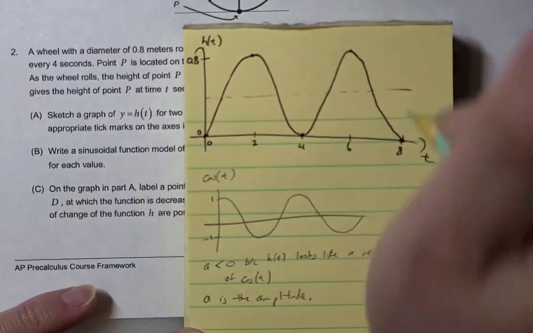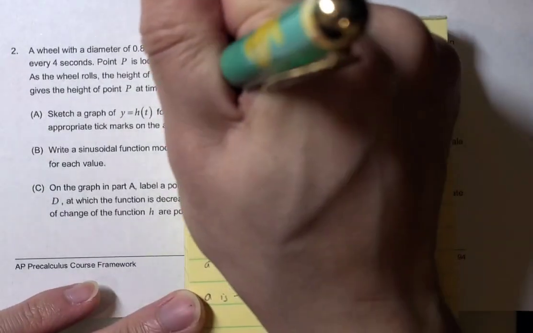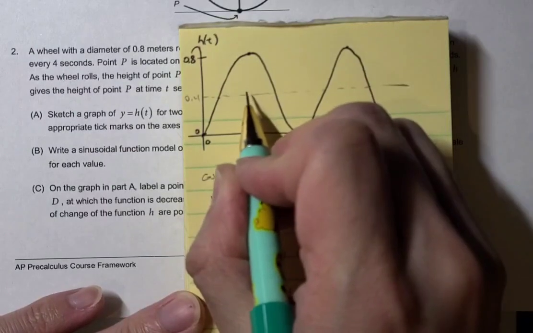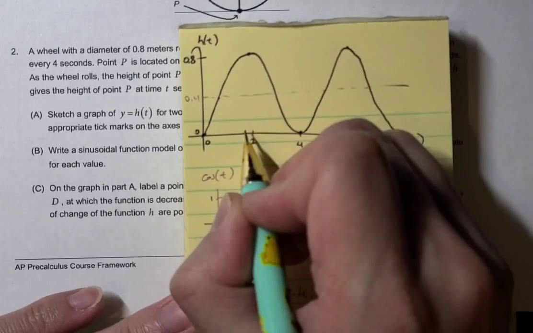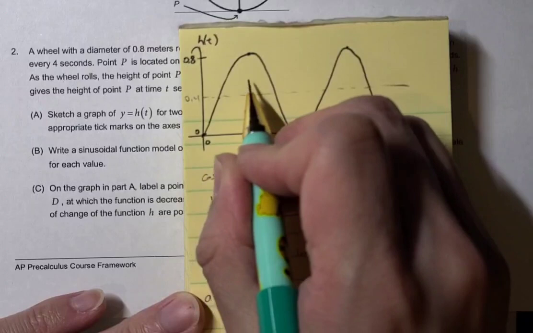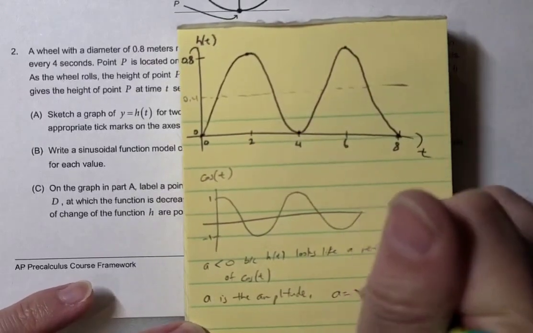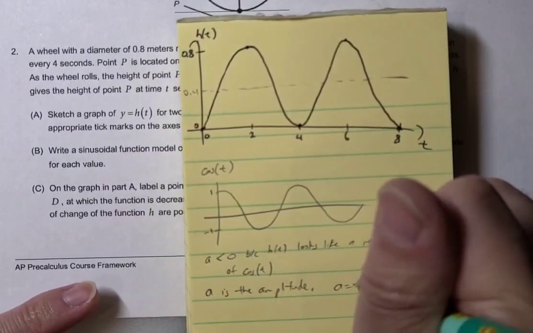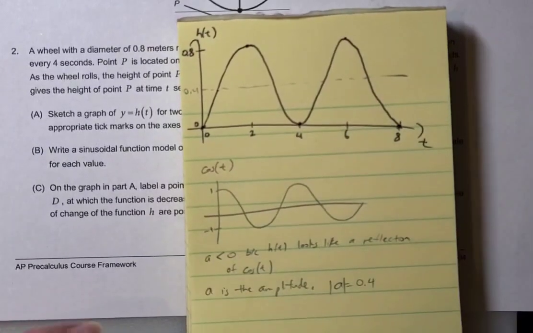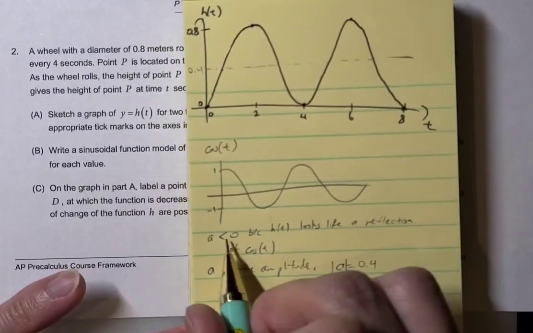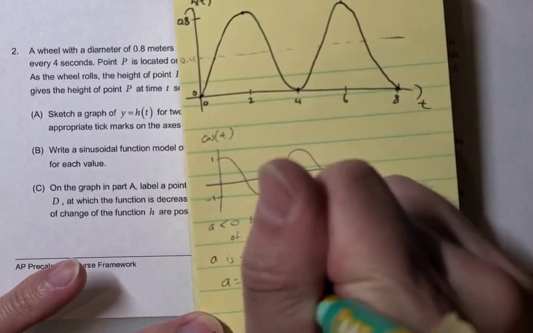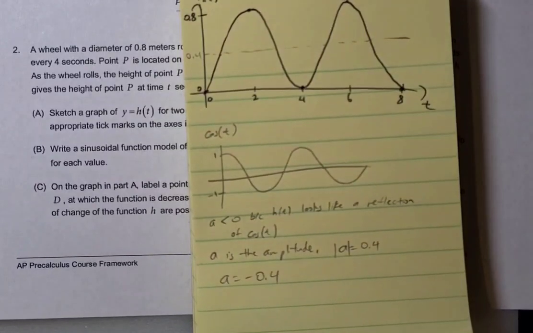So the average, which I'm writing in pencil over here, is 0.4. With reference to the average value, how much it goes up and how much it goes down, in this case, is 0.4. Okay, absolute value, sorry. We said a should be less than 0 because it's a reflection. So a is negative 0.4 as a result.